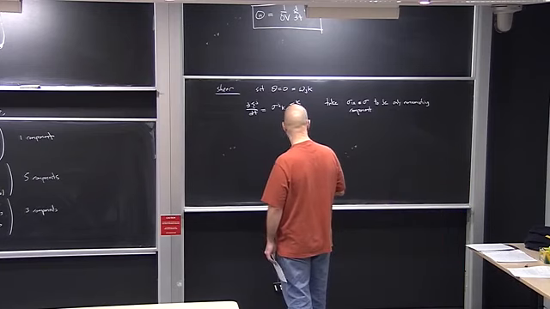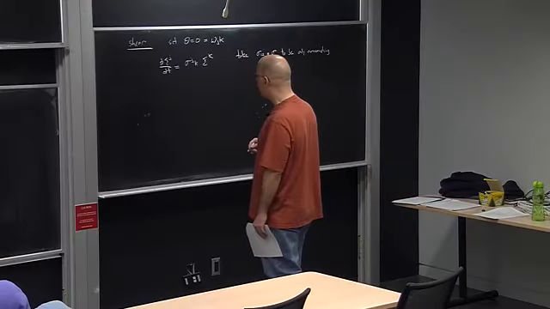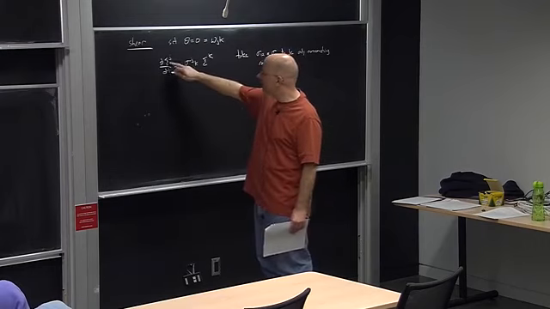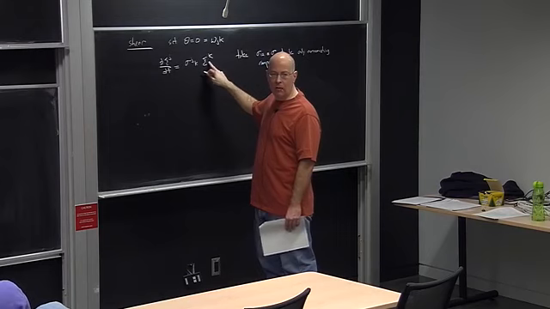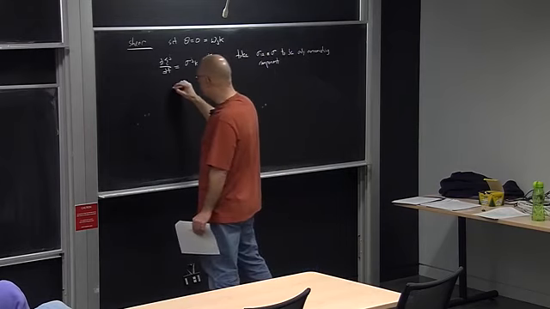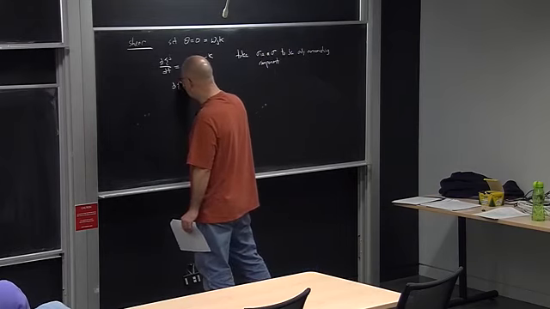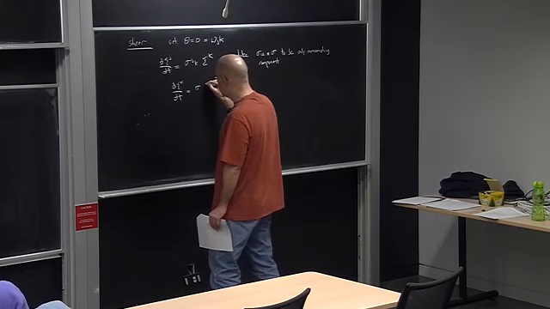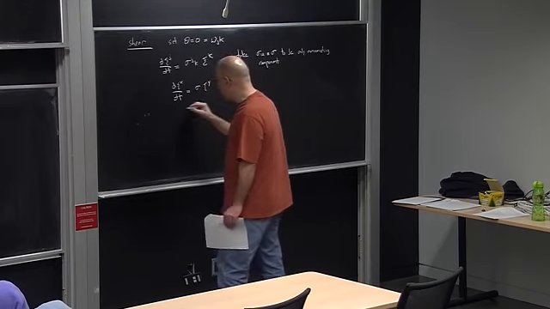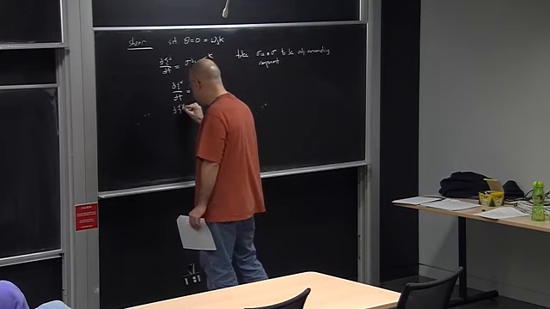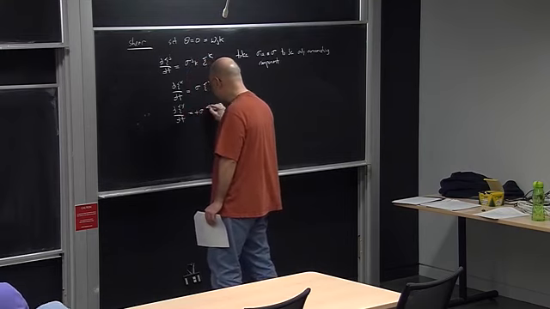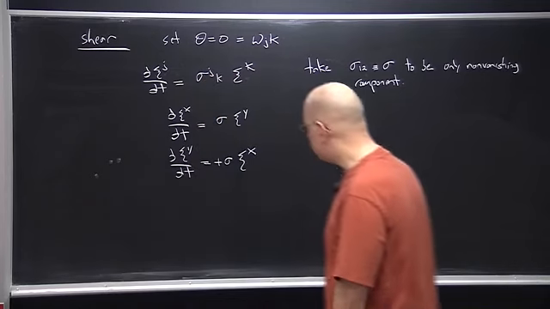Okay, so now if I write this in full, sigma 1, 2 will couple only the x and y components of my deviation vector. So boiled down, I have that the rate of change of Cx is going to be sigma times Cy, and the rate of change of Cy is going to be plus sigma Cx.